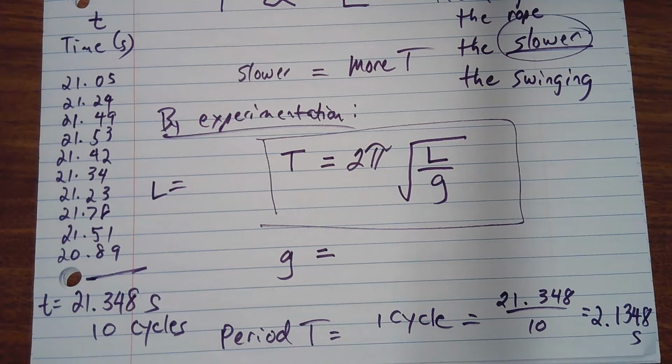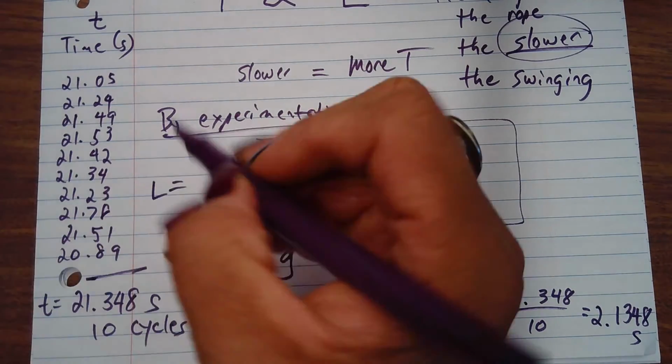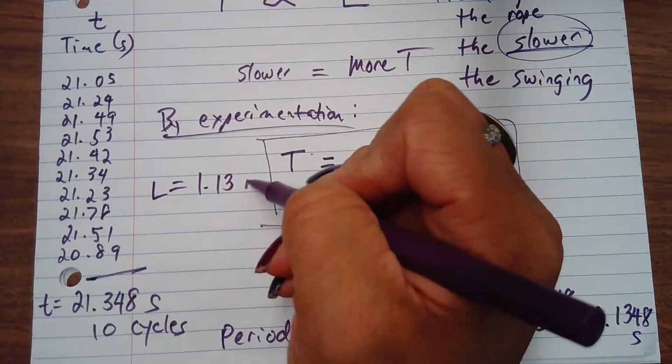Is my meter stick right at the end? Is that good? Okay. This is 1 meter and I have to measure to the center of the pendulum, 13. So 1.13 meter. 1.13 meter length. There you go.